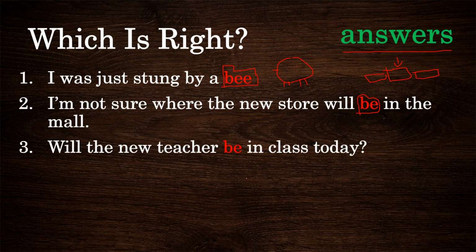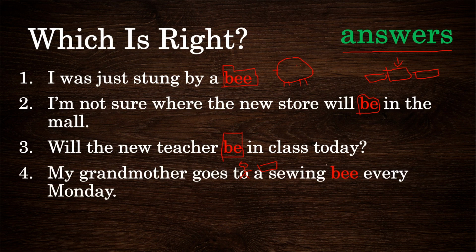Will the new teacher be in class today? It is one E because it's talking about where the teacher will be. At school, in a car, where is the teacher? So it's one E. As we stated earlier, the be with one E is taking up a position or a place.